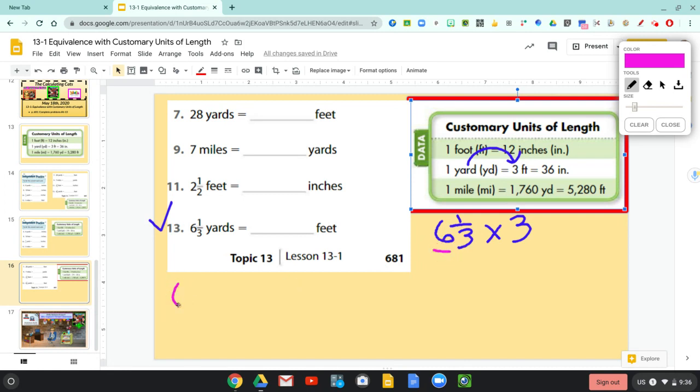So we've got 6 times 3. And then for the distributive property, we'll add that to 1/3 times 3. And then we just have to do the math and add those together.